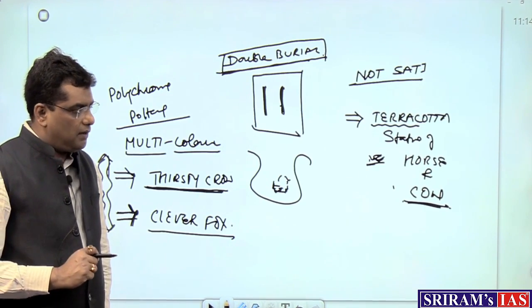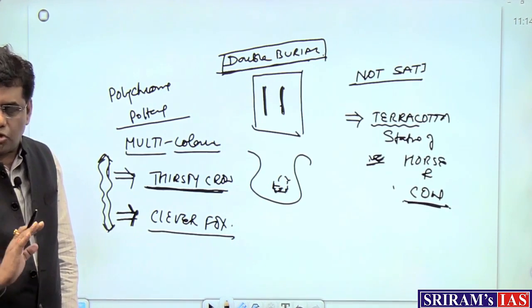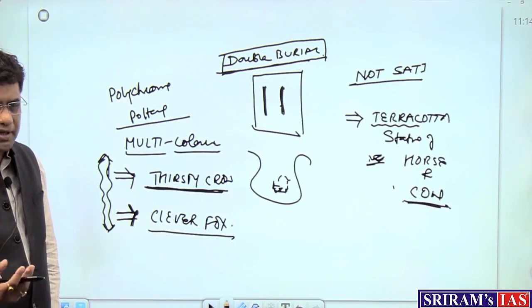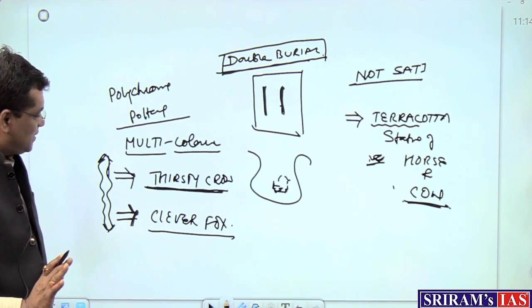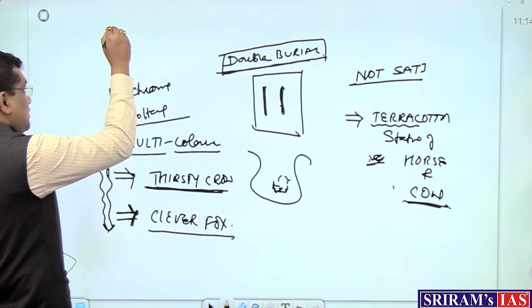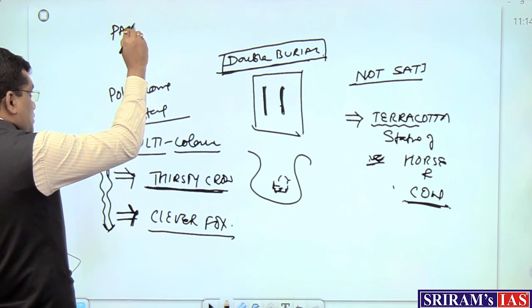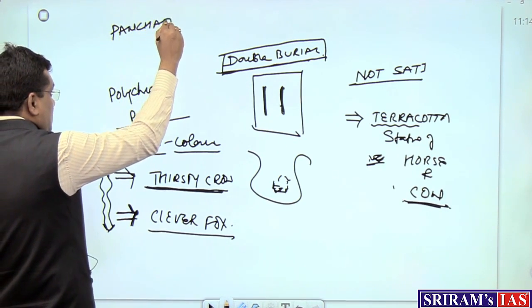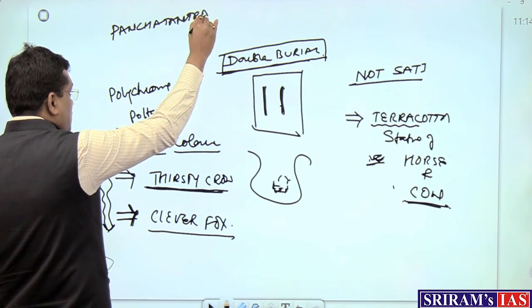You know how many languages it has been translated into, but it's the largest selling book after the Bible. Of course, obviously, this is before Harry Potter and others. The Panchtantra was written by Vishnu Sharma, and he compiled it much later.